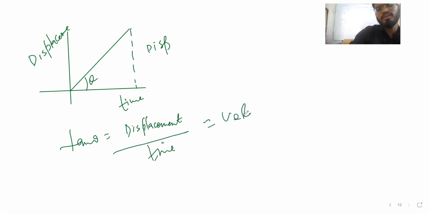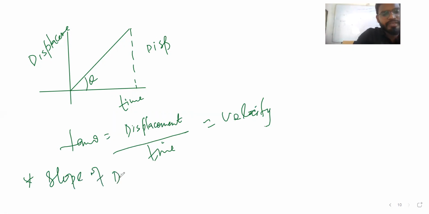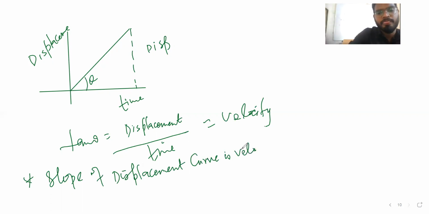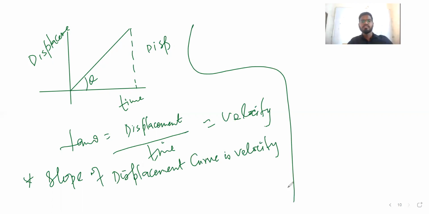That is going to give you what? Velocity. Again the same thing we got. So the slope of the displacement time graph will give you what? Velocity. So you can write one point again: slope of displacement time curve is what? Velocity.